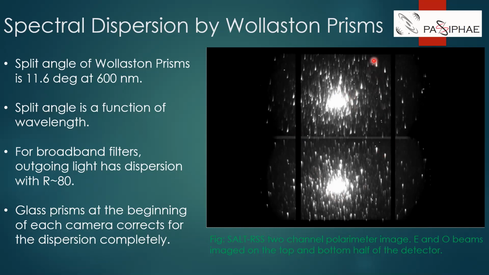And the dispersion is also in the opposite sense. If one goes towards the top, the other dispersion is towards the bottom. So it's difficult to correct for these dispersions using a single glass prism, for example, after the polarizer. And unless we correct for this, we cannot do broadband polarimetry.